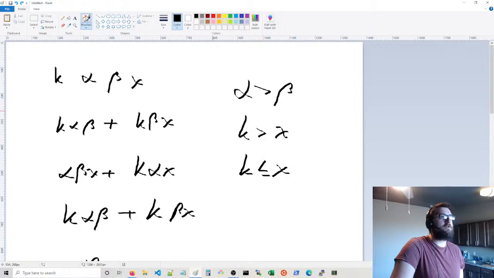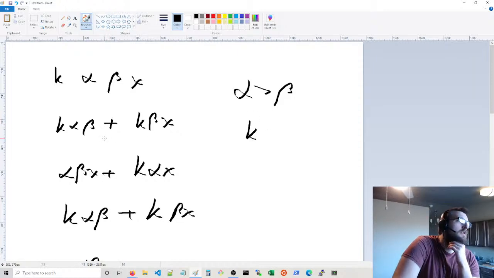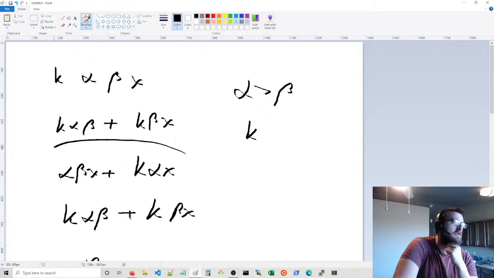So it's clear if, let's do the other way around. Let's do k. How does that work? It's if k is less than or equal to x, so you're going to maximize on x in this case.